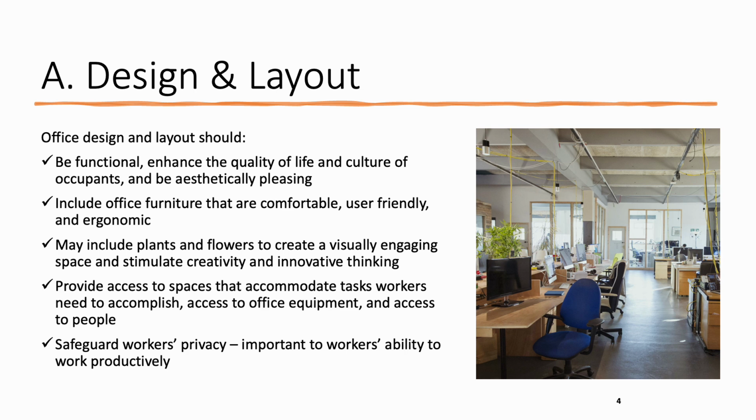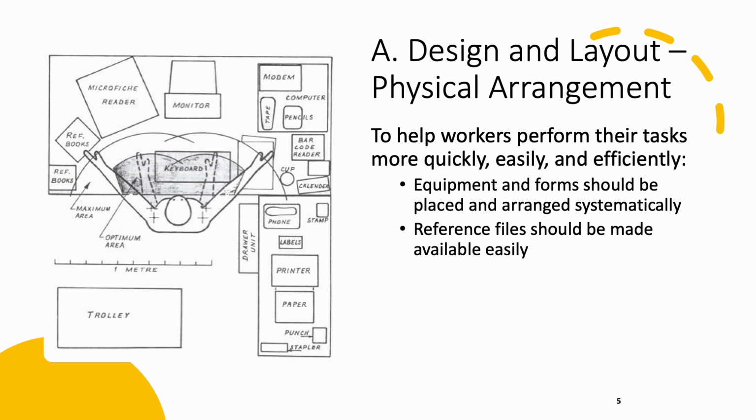And finally, safeguard the workers' privacy to ensure that workers can work productively. In terms of the physical arrangement of the workstation, as mentioned previously, it should follow the workspace envelope layout. Workers should arrange equipment, forms, and reference files systematically and practically to enable ease of access and optimize task efficiency.